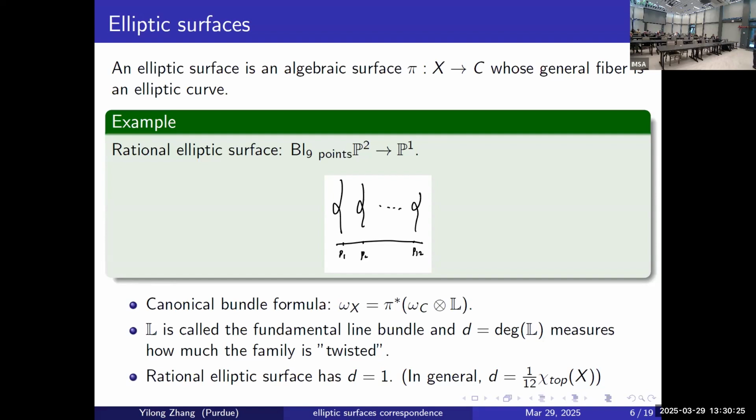But from basic topology, we know that for a torus, its Euler characteristic is 0. So this goes away. And it's an exercise to show that a nodal curve has Euler characteristic 1. So that's why this is tau times 1, which is tau, and it's divisible by 12, and the degree of the line bundle will always be 1. So we can think of this D as the topological minimum in that sense.